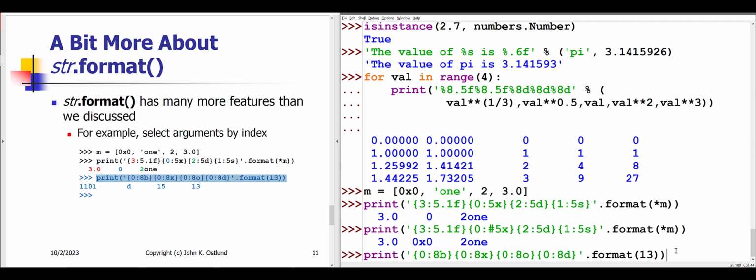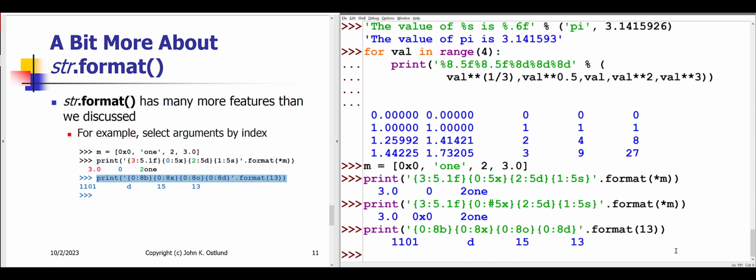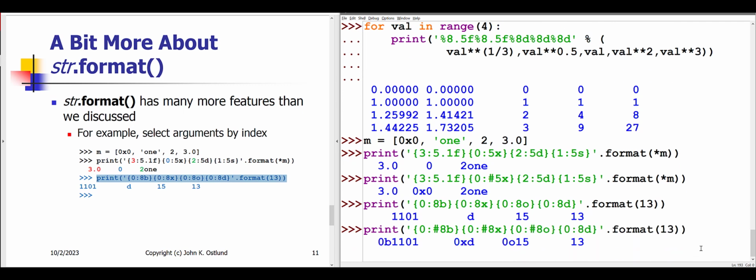I'm not going to get any prefixes here. Let me do this again, but throw in my pound signs to get the prefixes. There we go. So I've got the 0B for binary, 0X for hex, and 0O for octal.